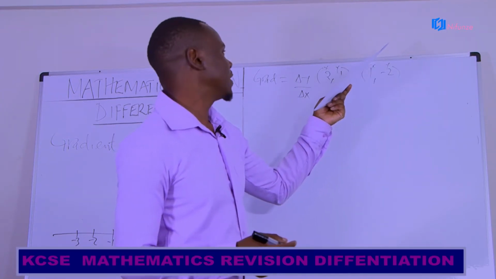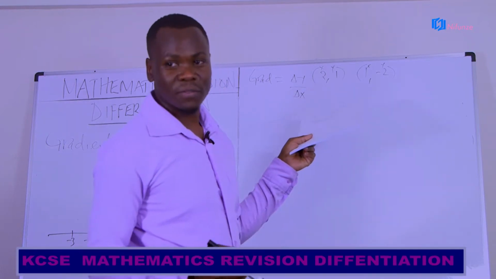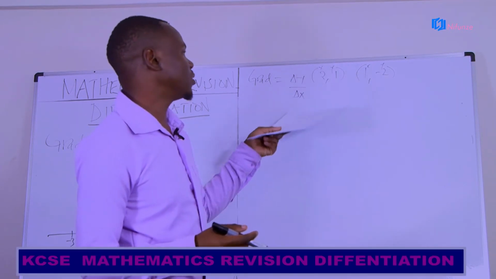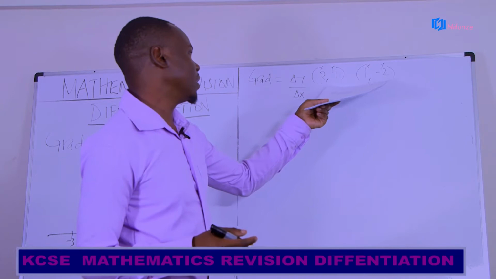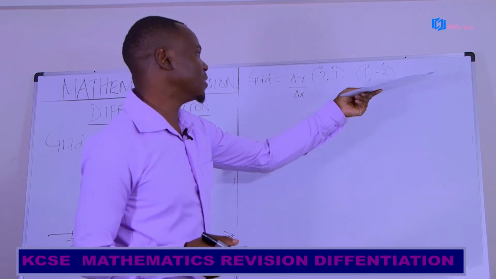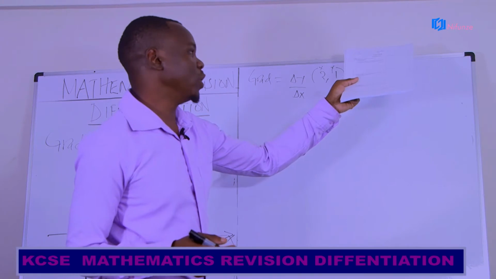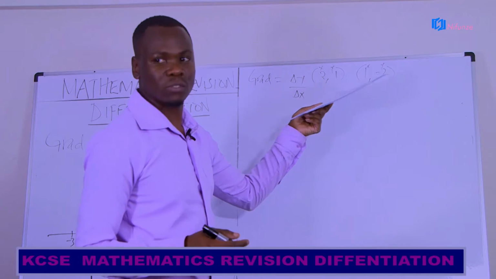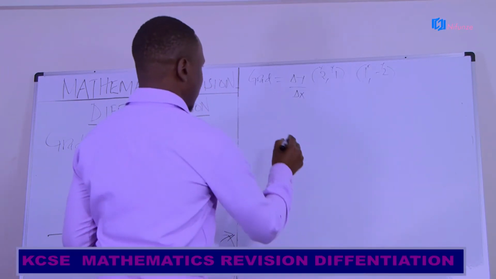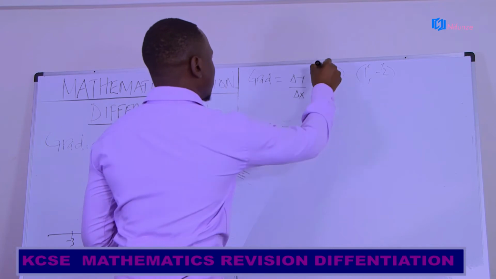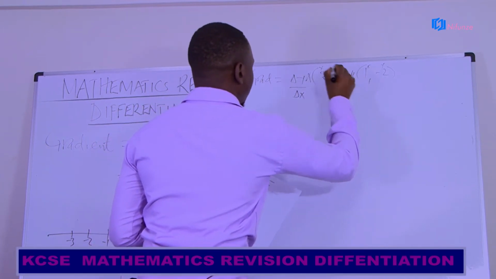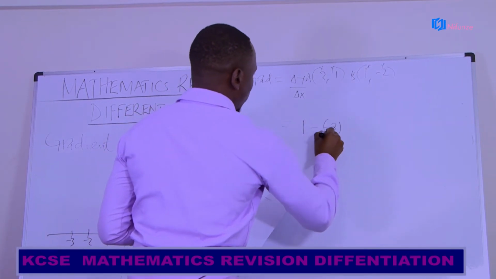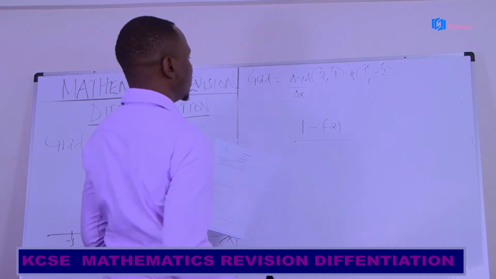So we are calculating the gradient of the line AB using the formula: gradient is change in y coordinate over change in x coordinates. We start with the y coordinates on the numerator and the x coordinates on the denominator. If we start from A, then B, we say 1 minus -2 over the coordinates of x.